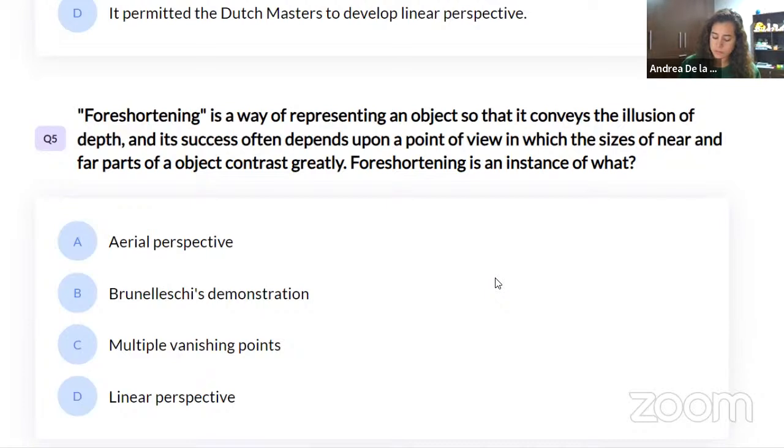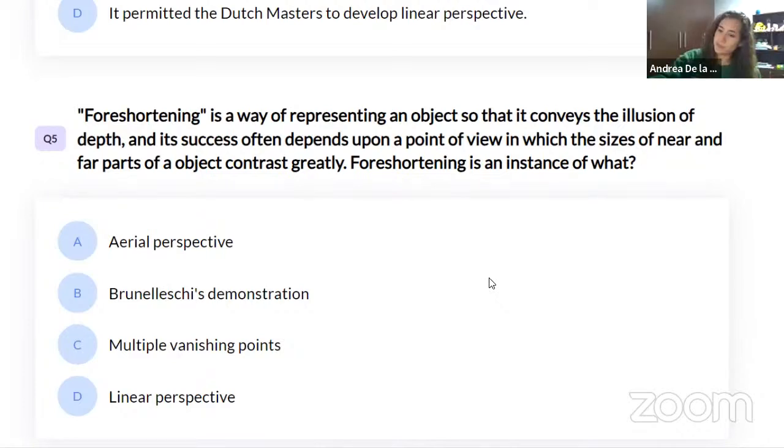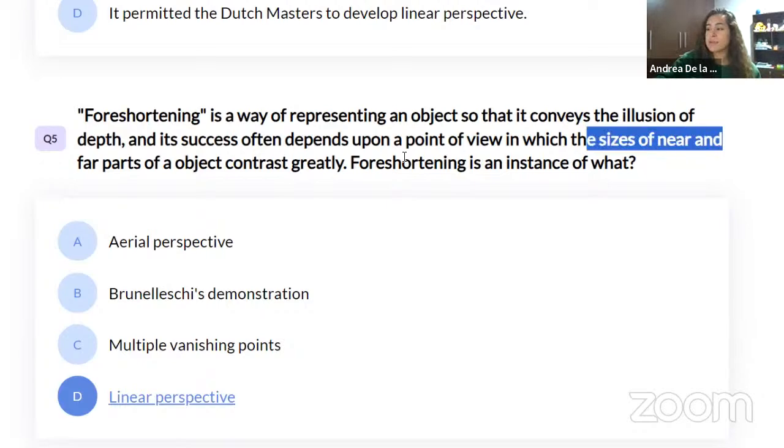What do you think? That is linear. Linear perspective, yes. Do you guys agree? Yes, option D. Okay, good. Yes, linear perspective is related to that, right? To distances, to depth, to sizes of near and far parts of an object. So yeah.